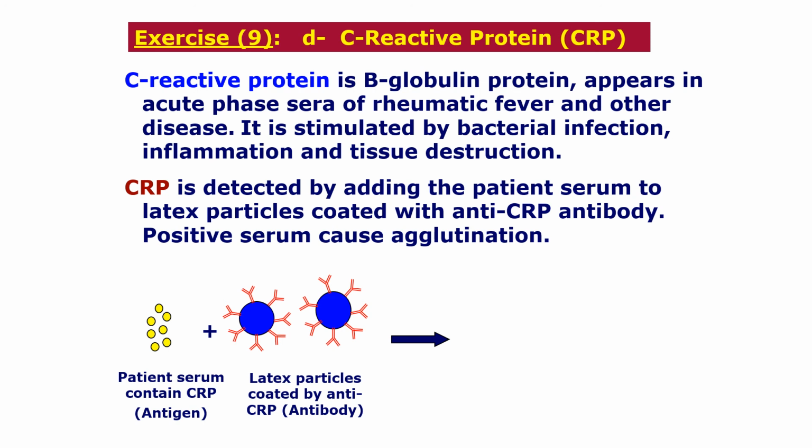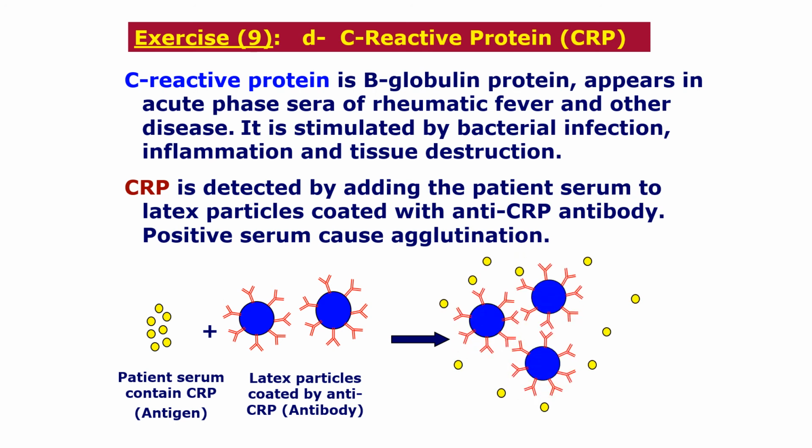These antibodies must be against the antigen, which is CRP. When the antibody finds the antigen, we will have a reaction, a positive agglutination result.